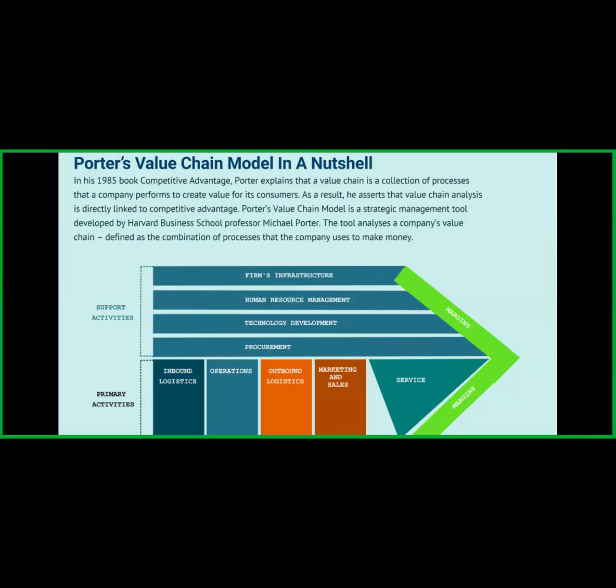Because we all are aware that in today's era, the competition is more as compared to 20 years back. Before 20 or 30 years, the situation was not that tough.